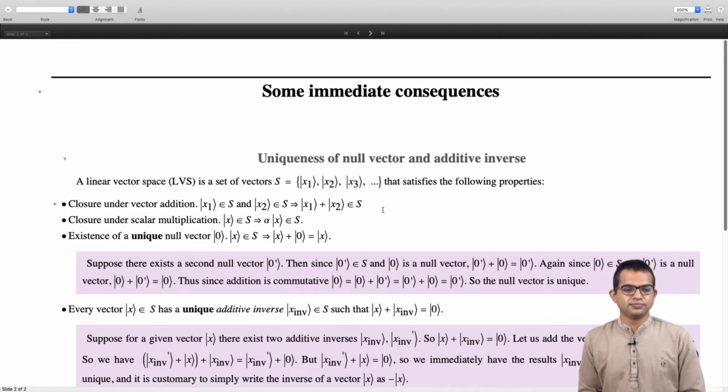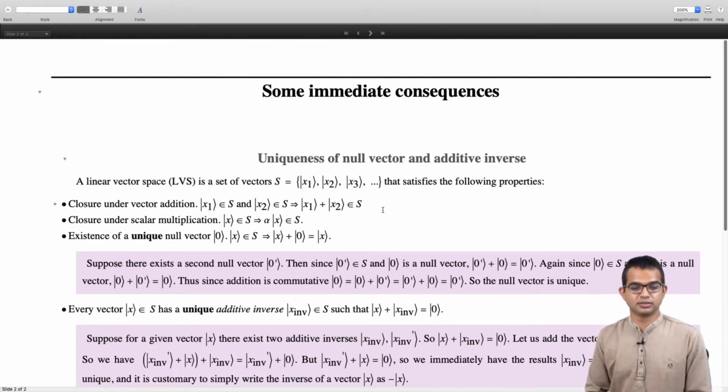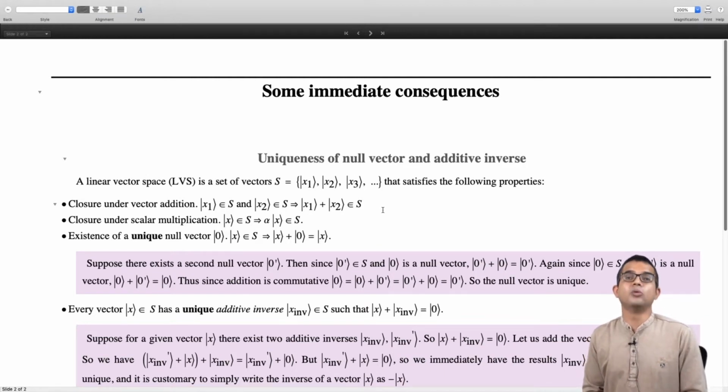Okay, so we said that a linear vector space is a set of these abstract vectors and it must satisfy certain properties. One is closure under vector addition, then there is closure under scalar multiplication. We also said that it has a null vector.